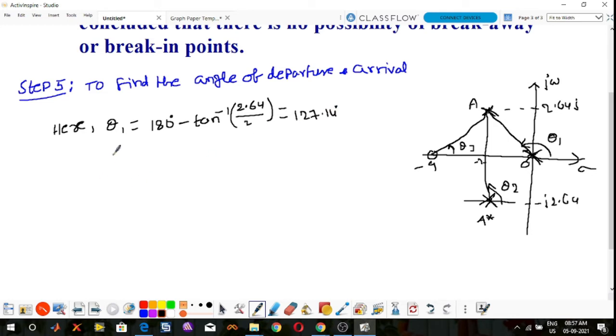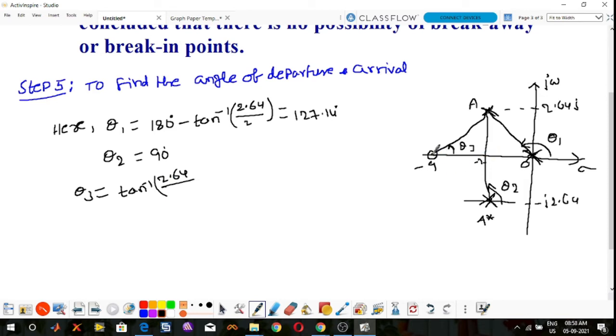And angle theta 2, from this figure, is equal to 90 degrees. And angle theta 3 is equal to tan inverse of the opposite side, 2.64, divided by the adjacent side.